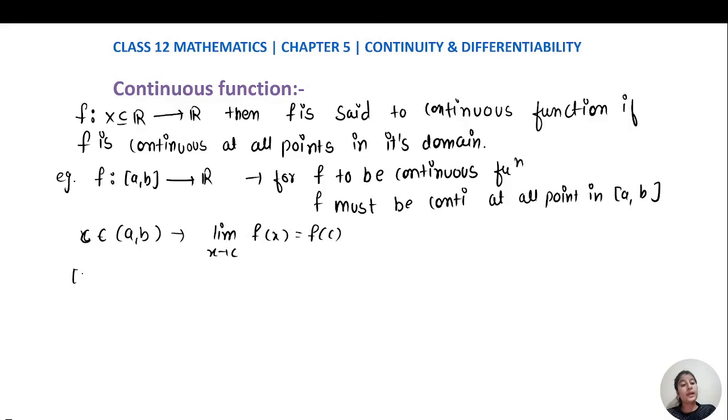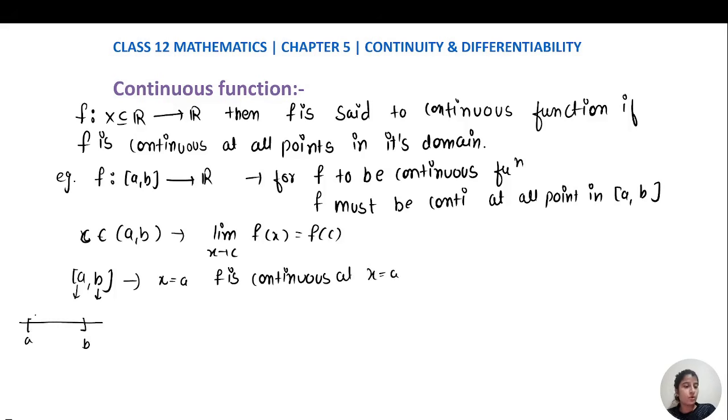Now, what about the endpoints, this a and b? When do we say that the function is continuous at a and b in this closed interval [a, b]? For x equals a, we say f is continuous at x equals a if, since this is our closed interval [a, b], the only possible way to approach a is from the right hand side.